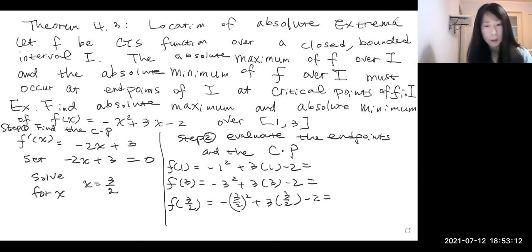So what do you get? f of 1? I think that's 0. 0, thank you. f of 3? Negative 2. Negative 2?